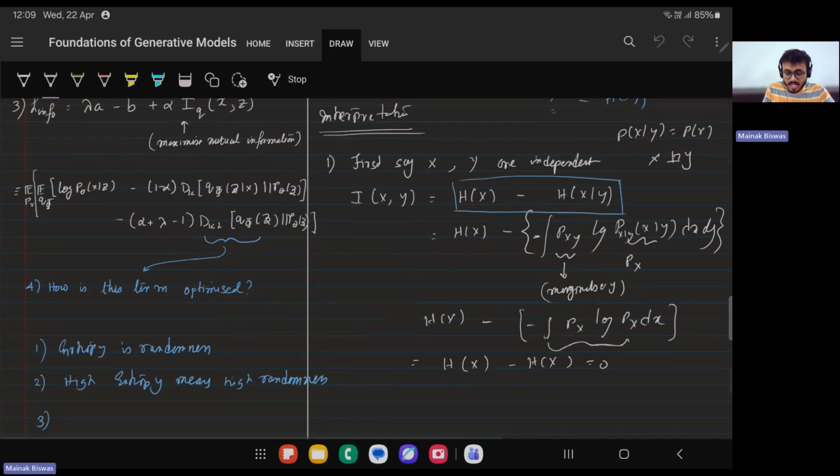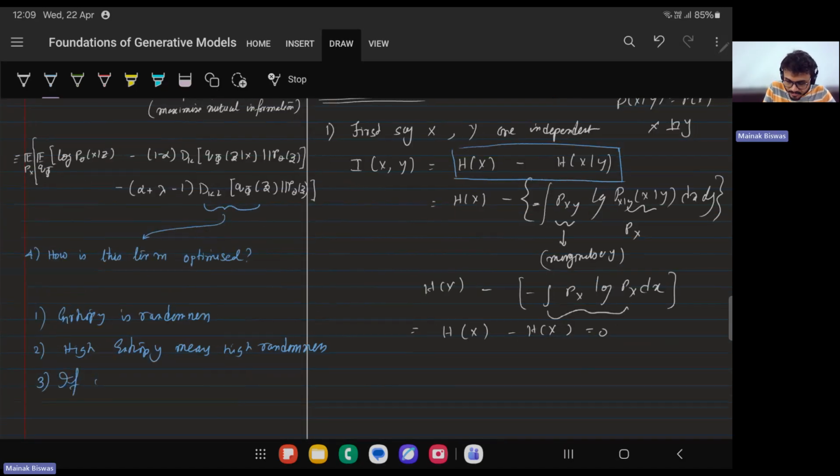So now, if randomness decreases, that is what H of x minus decreases on knowing another random variable.